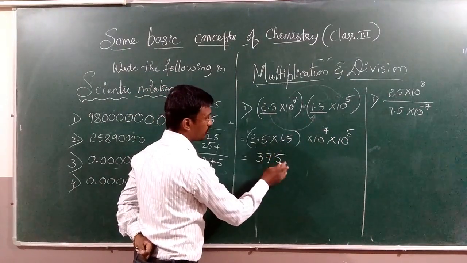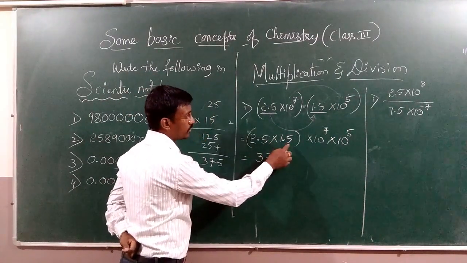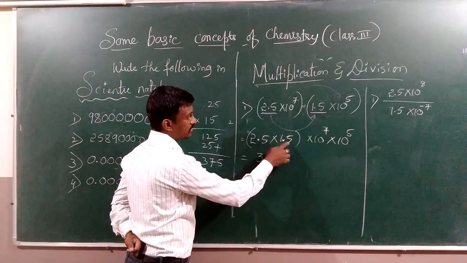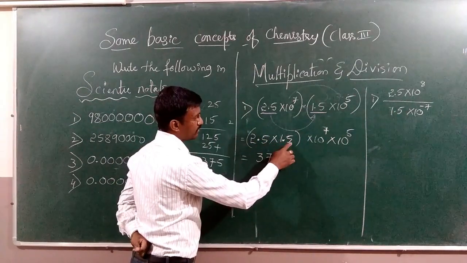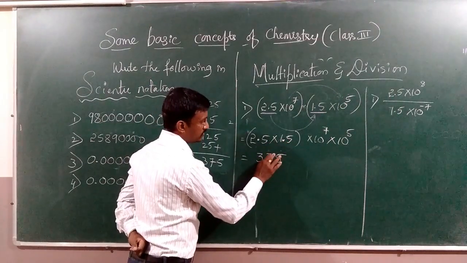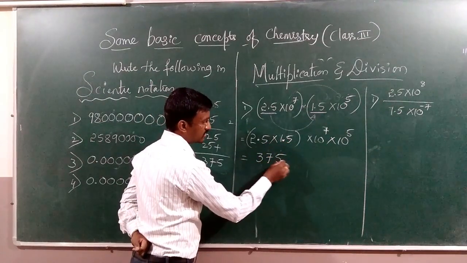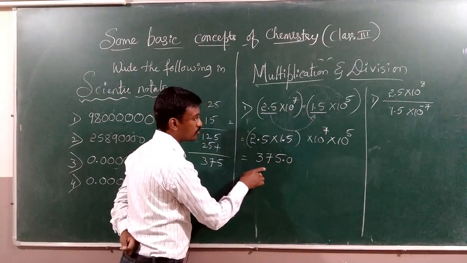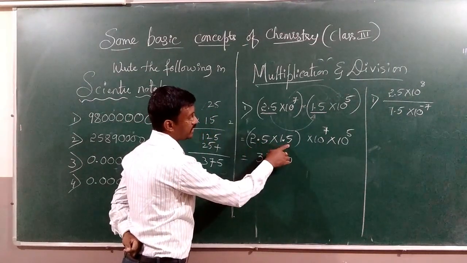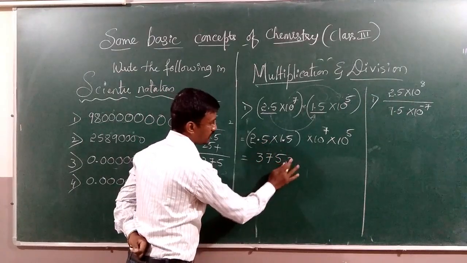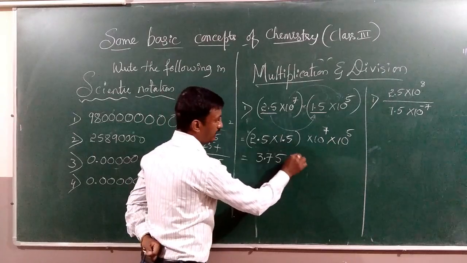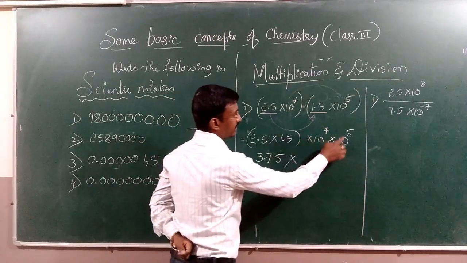So it means you have to shift the decimal by 2 places. If nothing is there, 375.0 will be there. Therefore, you shift this point to the left side by 1 and 1, so it is 3.75 into 10 raised to 7 into 10 raised to 5.